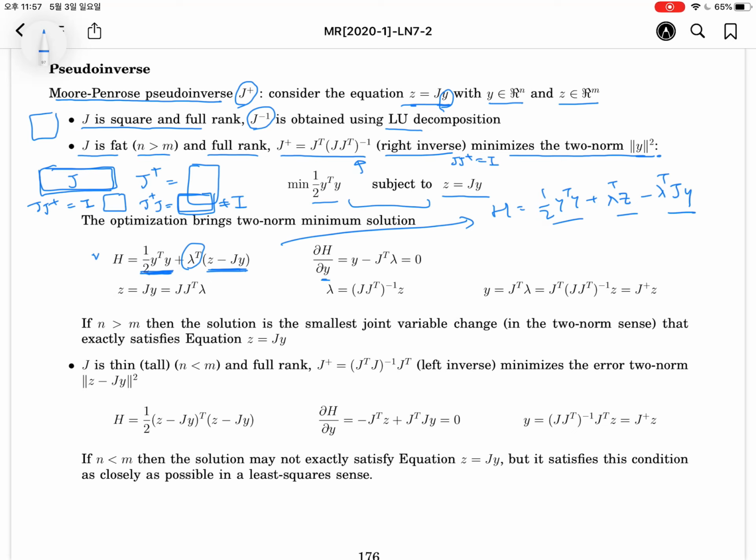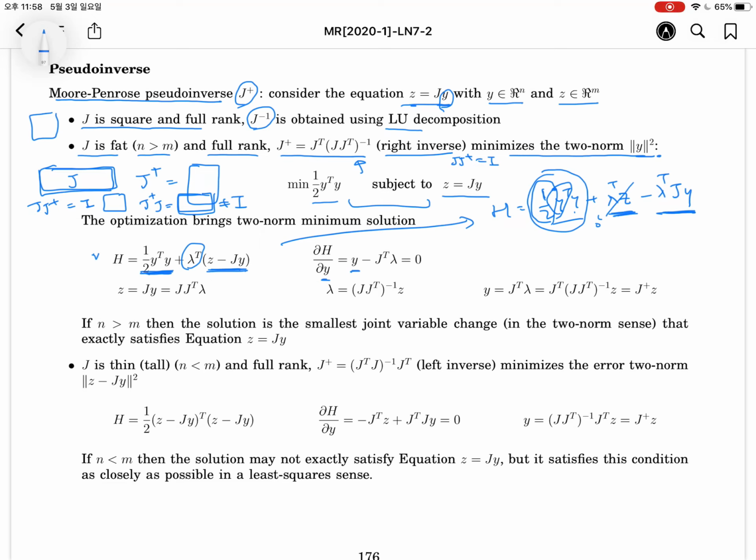Here, let's take the differentiation with respect to y. The first term has a 2y, but it is scaled with the 1/2, so we have y. The second term is not dependent on y, so it will be 0.